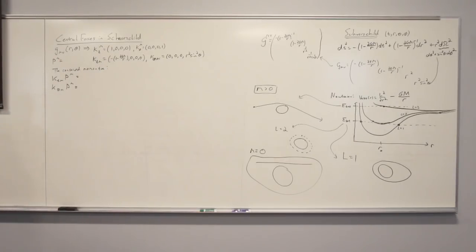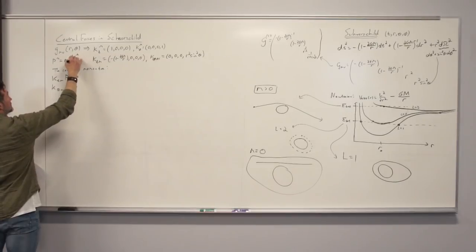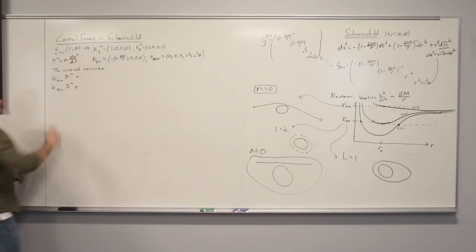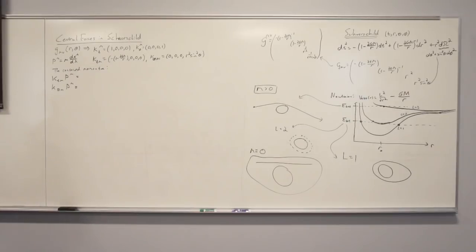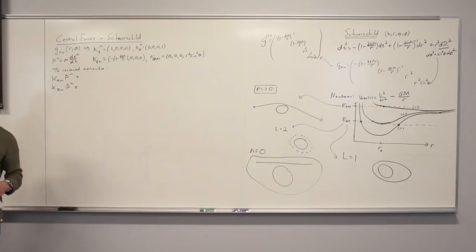It's the mass times the 4-velocity, where the 4-velocity is dx mu d lambda, where lambda is some parameterization of the path. Okay?